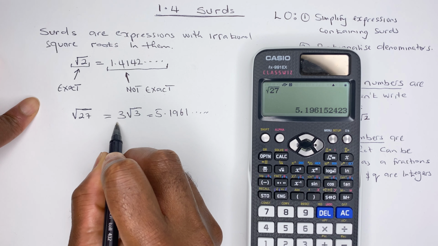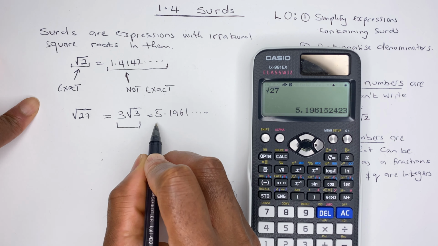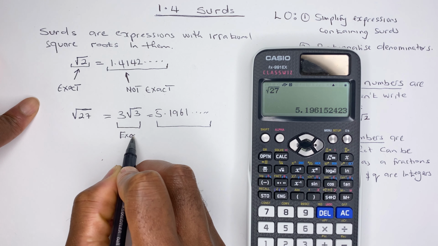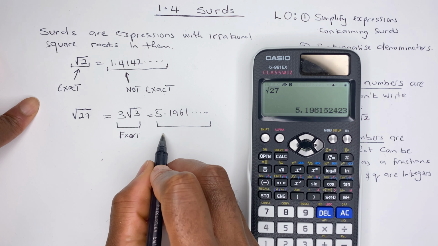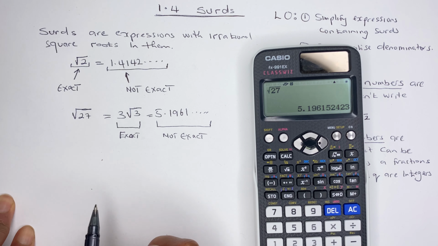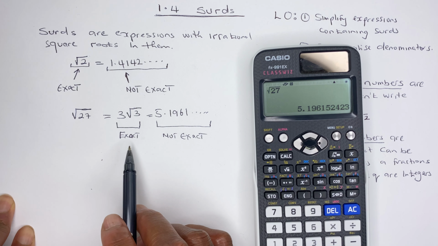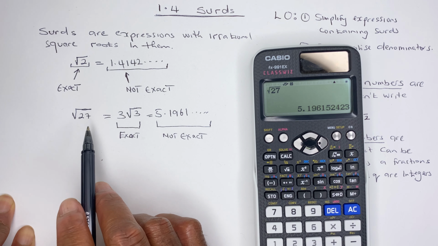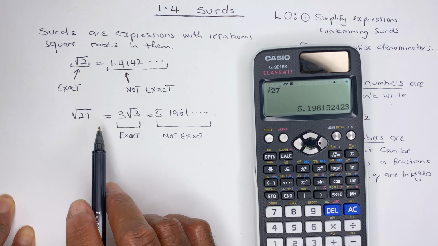So this is the exact value, and this is the value that is not exact. So that's why when they ask you to leave your answer in exact value, you have to basically leave it in surd.